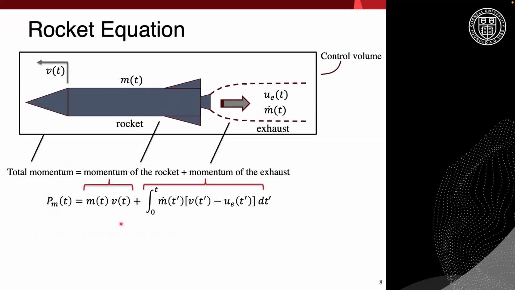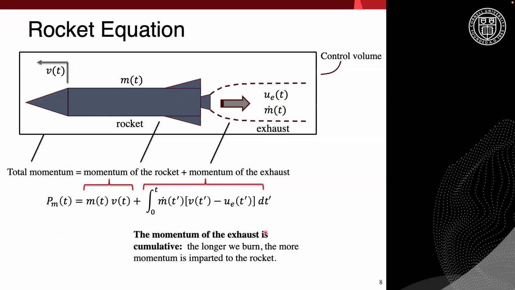So we can write that the total momentum is equal to m times v, which is the momentum of the rocket. And this expression is pretty straightforward.